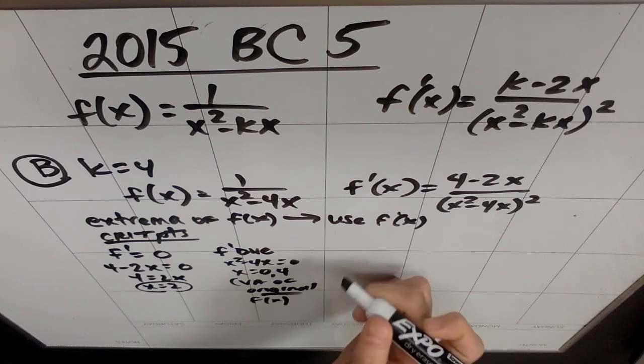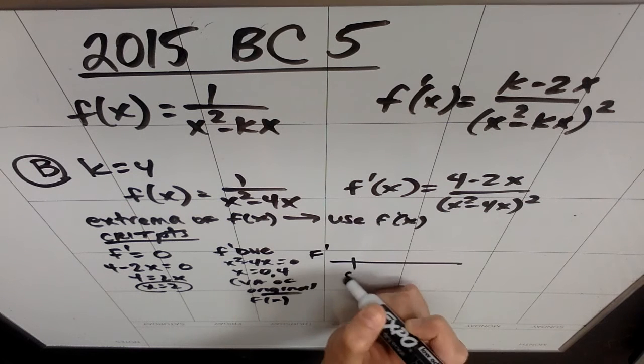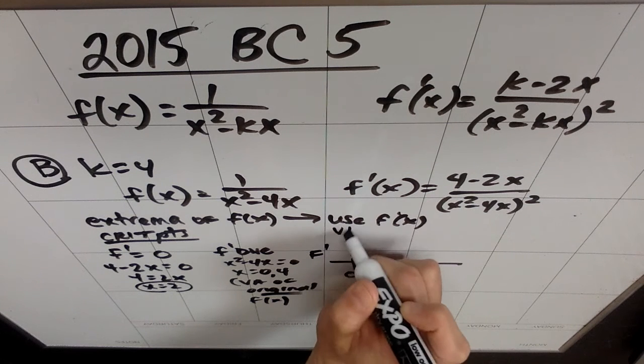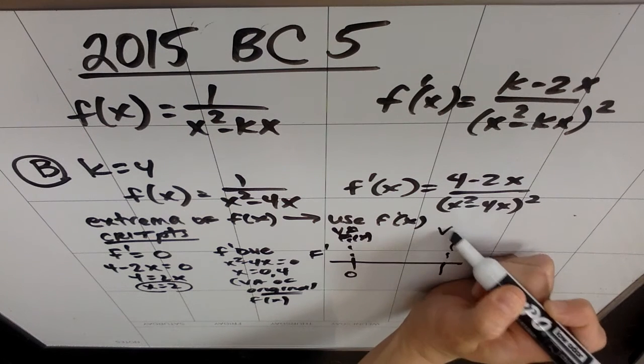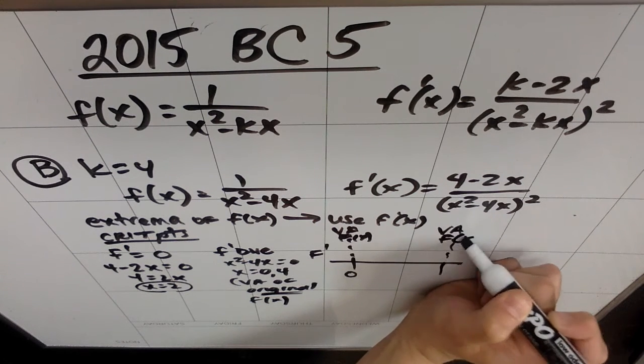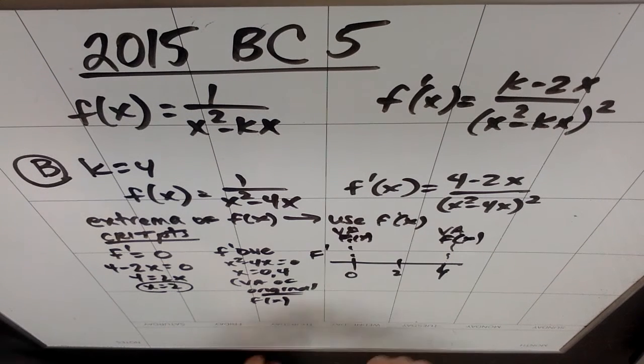So really, if I go ahead and make a little sign chart for my f prime, I know that at 0 there is a vertical asymptote for f, and I know that there's a vertical asymptote for f at 4. And so at 2, all I need to do to figure out if my function has a max or min is test a number on either side of 2.